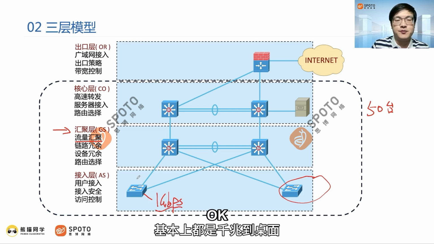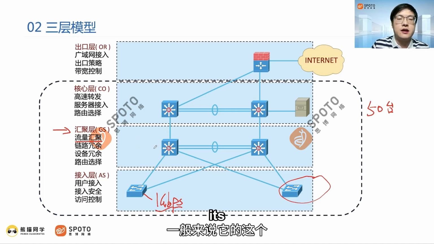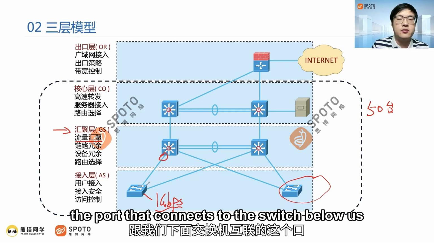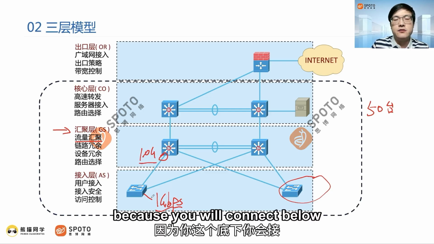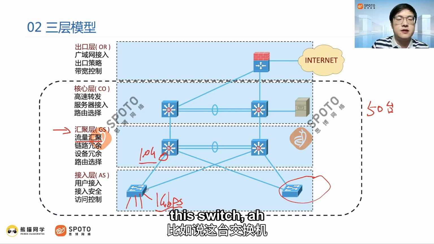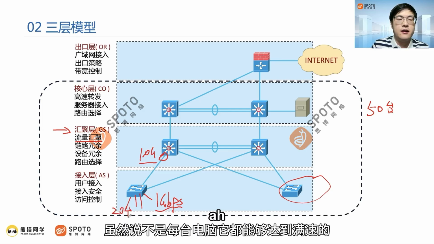Gigabit to the desk, okay. So at this point, for our aggregation switch, generally the port that connects to the switch below us needs to reach 10 gigabit, because you will connect below. For the switch below, I will connect 20 computers, right? Although not every computer can reach full speed.